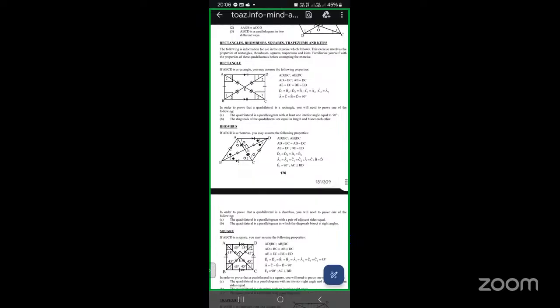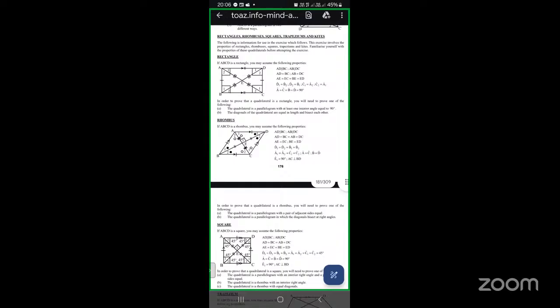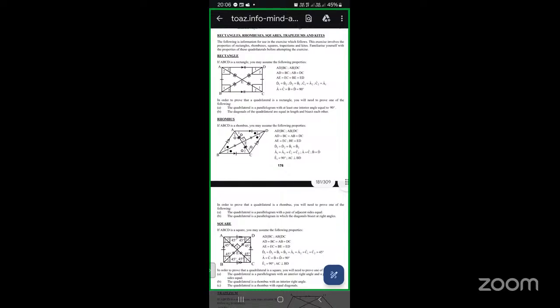So we are having these two conditions, A and B. They are saying that in order for you to prove that the quadrilateral is a rectangle, you need to prove one of the following properties, then that quadrilateral is a parallelogram.